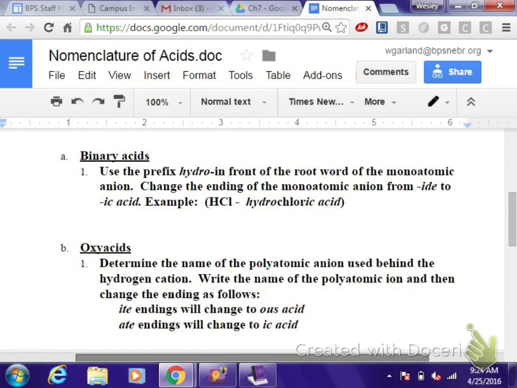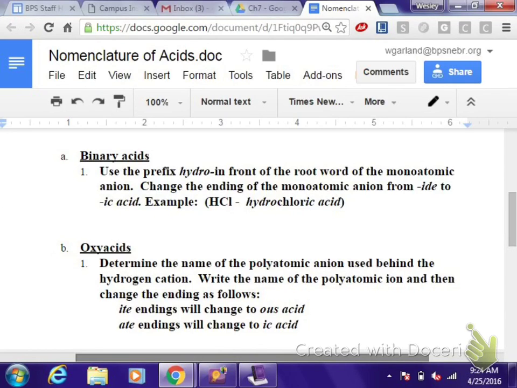Binary would be like HCl. There's a way to name acids to differentiate between the two. If it's a binary acid, it always has a prefix of hydro in front, knowing that it has a hydrogen ion there.